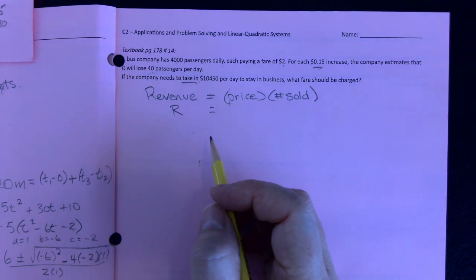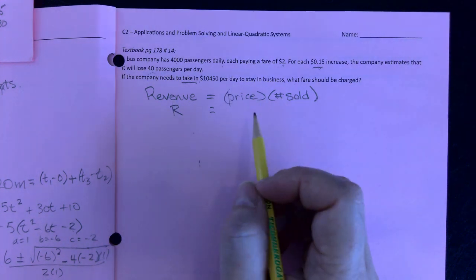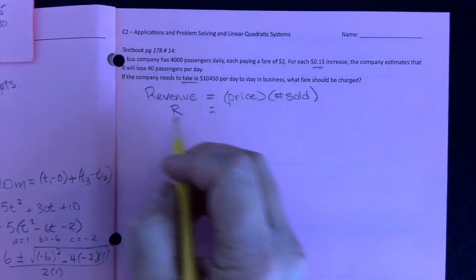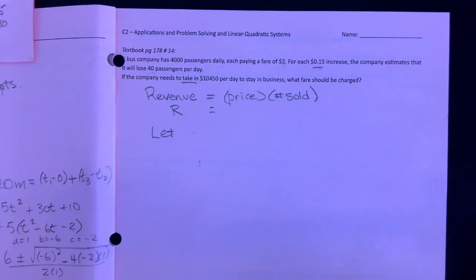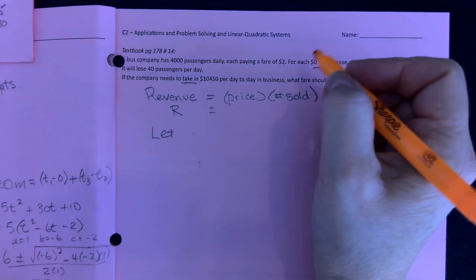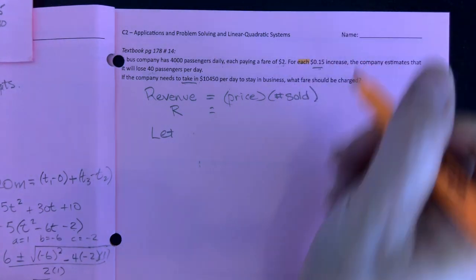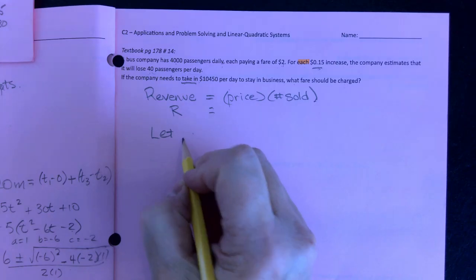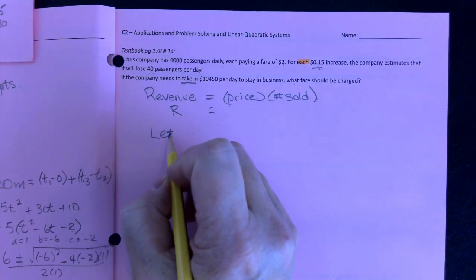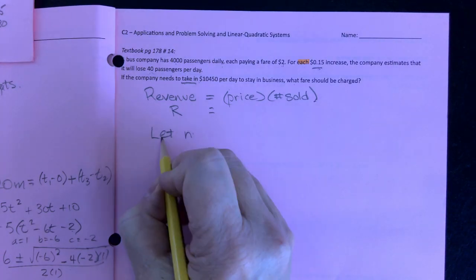So in order to write a revenue function for this particular problem, we need a let statement. The let statement is always based on the word each or every. For every 15-cent increase, or for each 15-cent increase, that's what's going to drive our let statement. So I'm going to use n.